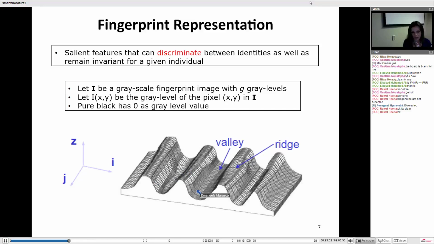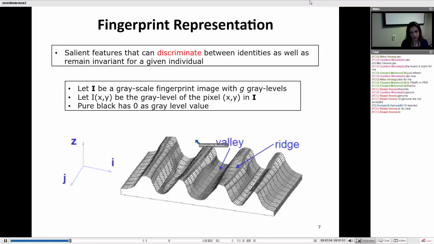Now, we can represent the fingerprint pattern, ridge and valley, of course. So we need a mathematical formula or function that can represent this pattern, the ridge pattern.